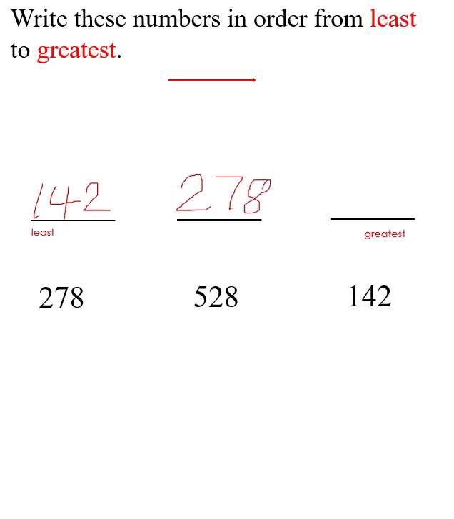And that means that 5 hundreds is more than 1 or 2, so the 528 is going to be my greatest number. So I'm going to look back and just make sure it's correct. So 142 is the least, then 278 is more than that, and my greatest number is 528. It's greater than 278. So I should have them in order from least to greatest.